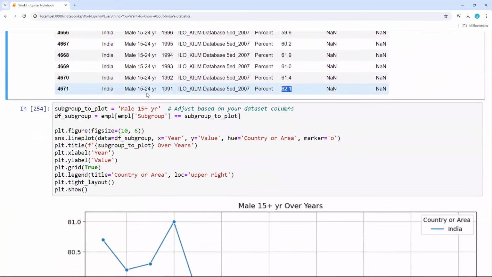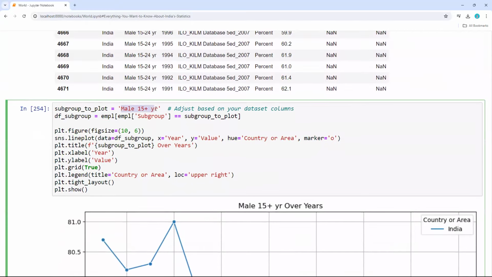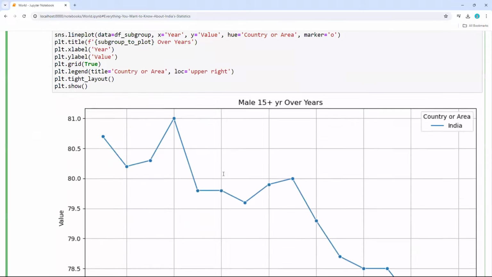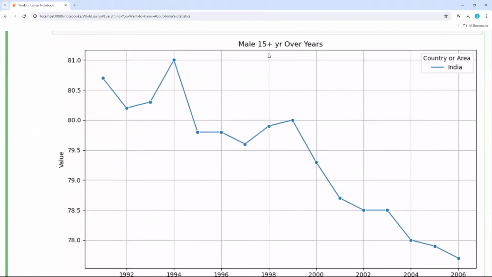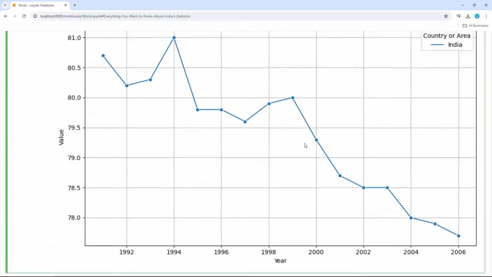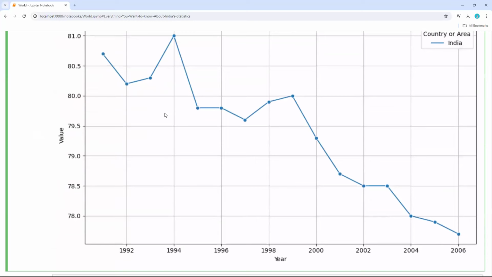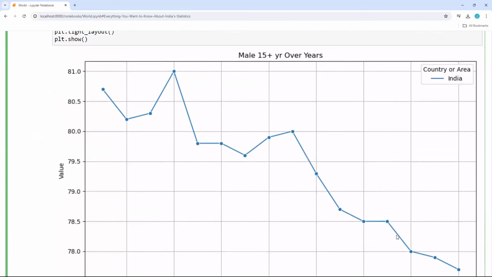So here I just took males 15 plus years. If I want to see how the unemployment rate is, in 1994 for 15 plus years it is 81%, then the unemployment rate decreases drastically. Year on year from 1994 to 2006, it has decreased significantly, which is a very good sign.